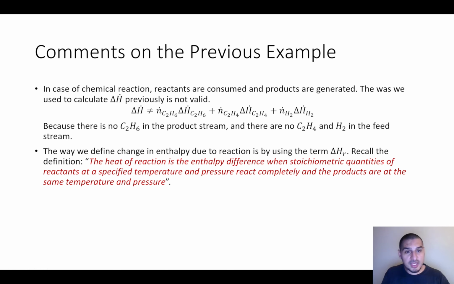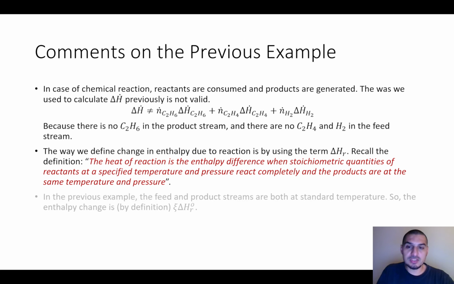So when we have a reaction, the way we account for the change in enthalpy is using the heat of reaction. I'm stressing this point because, from my experience with students, it seems it's not very easy to grasp, so I'm trying to stress it as much as I can to make sure that this point is clear.